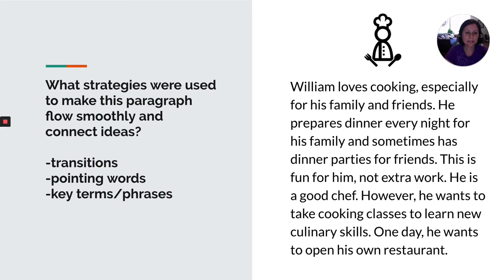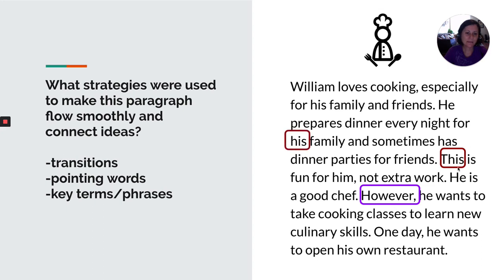What do you notice? Are there any transition words? Here's one, however. He's a good chef, however, he wants to learn more. Are there any pointing words? This, yeah, this is fun for him. What does this refer to? It refers to the dinner parties and cooking dinner for his family every night.